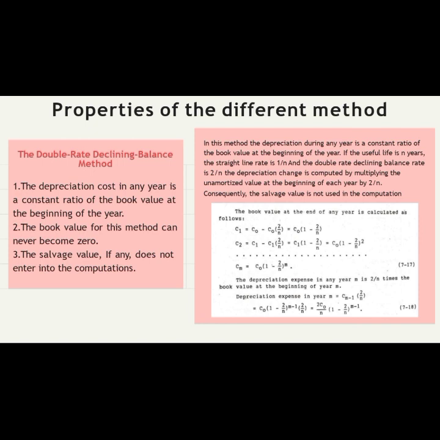Then the depreciation expense in any year, which is nagstand sa m, is 2 over n times the book value at the beginning of year m.